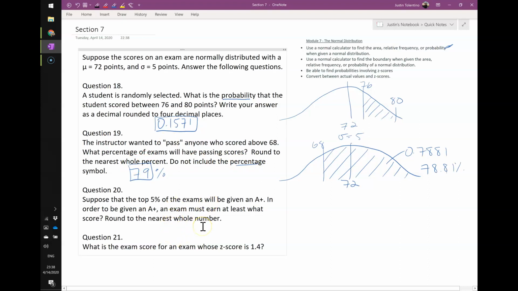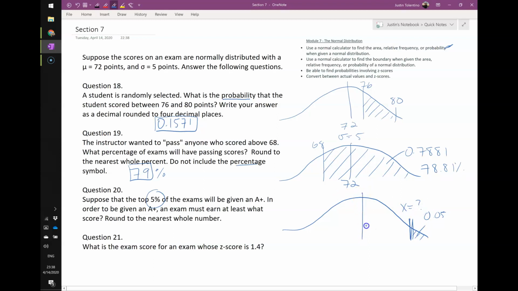Question 20 says, suppose that the top 5% of exams will be given an A+. In order to be an A+, what score did you need? So notice this one is the opposite. I'm giving you the percentage, the relative frequency or the area. And I'm telling you that at the top is 5%. And I want to know, what is this boundary?